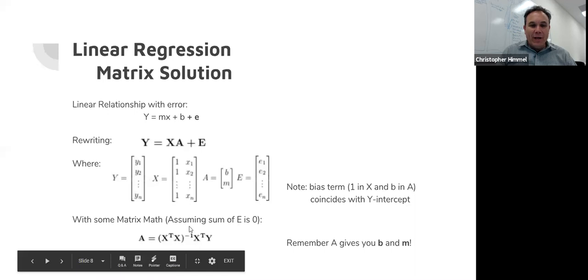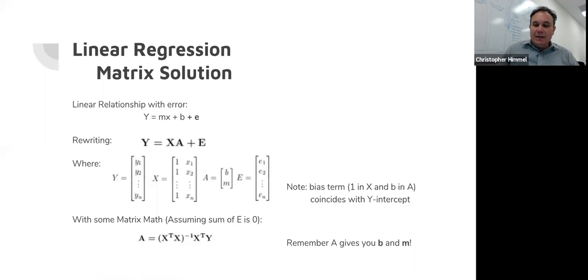We end up with something pretty big to do an inverse of. That inverse is very computationally intensive. Inverse of a matrix, if it's not just a 2x2 matrix, will take quite a while if it's 10 by 10.